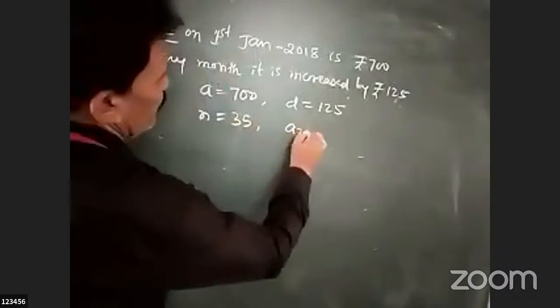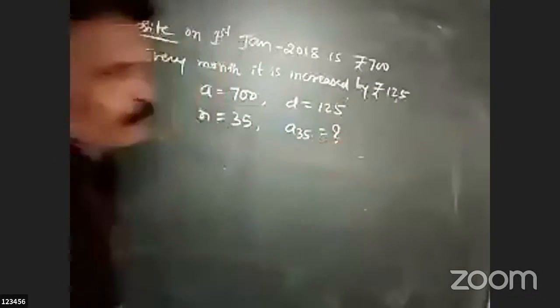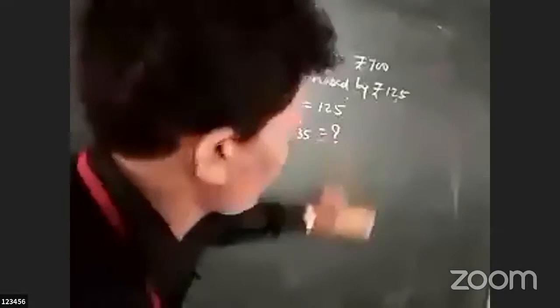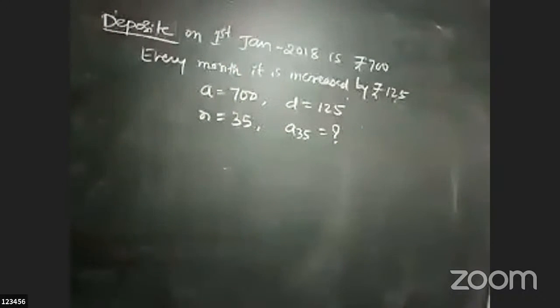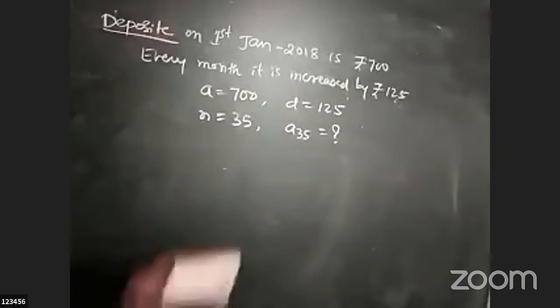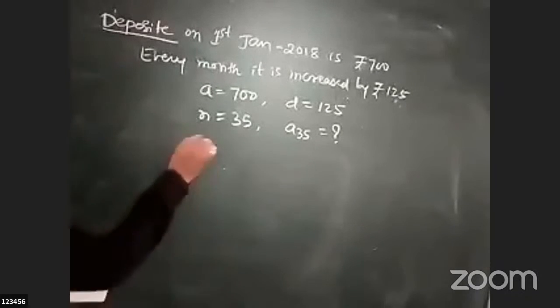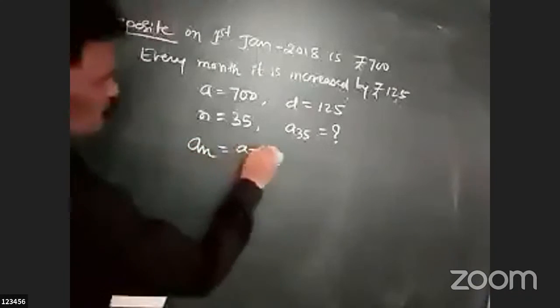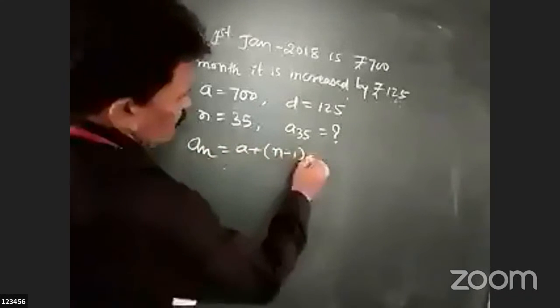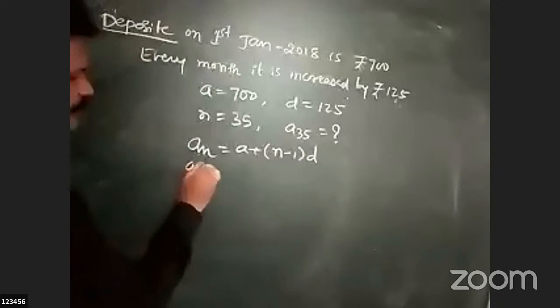We have to find A35. Once you know n, everything is very easy. Substitute the values in the formula. An is equal to A plus n minus 1 into d.